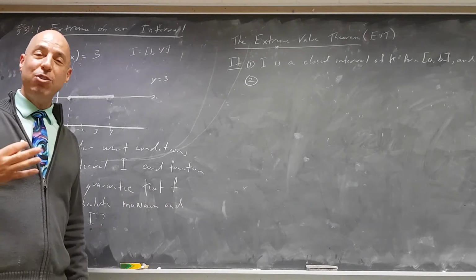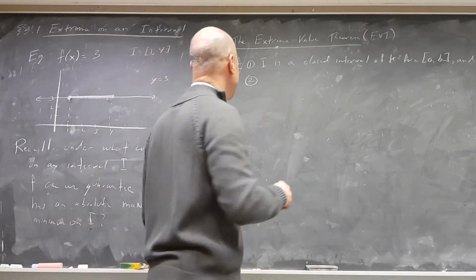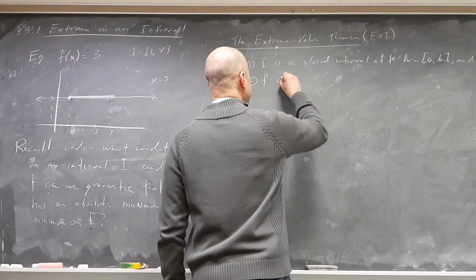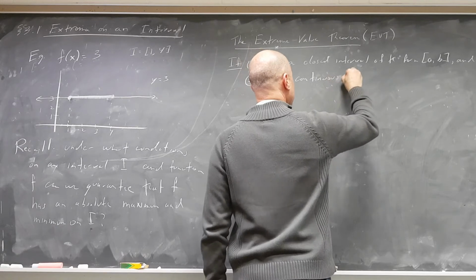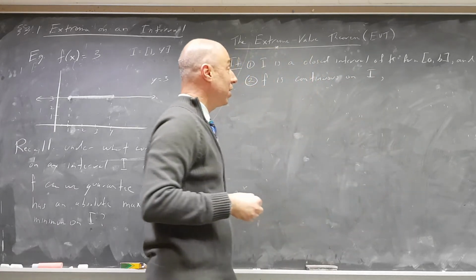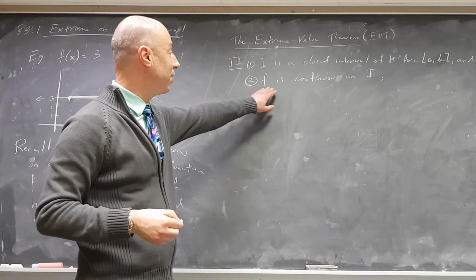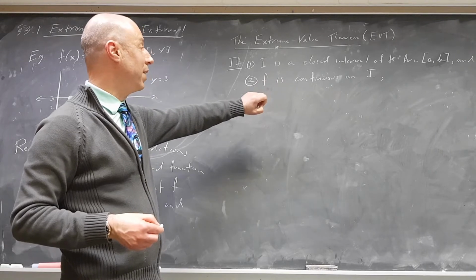The thing that has to be true about the function, and you may have guessed this after our examples at the end of last class, f is continuous on I. You remember that last example I gave you last time. We had a closed interval, but we had a discontinuous function. And that didn't have an absolute max or an absolute min on I.